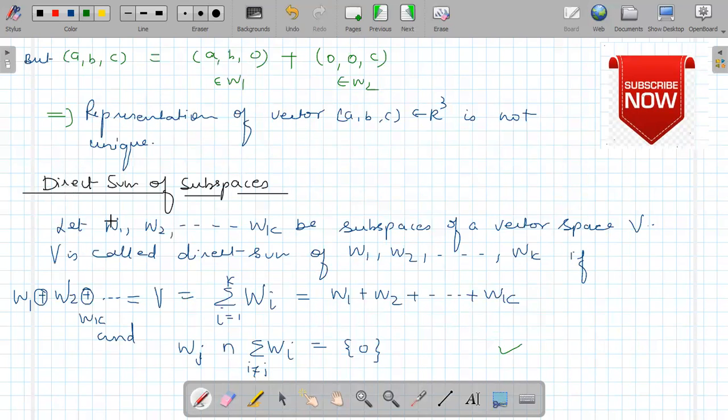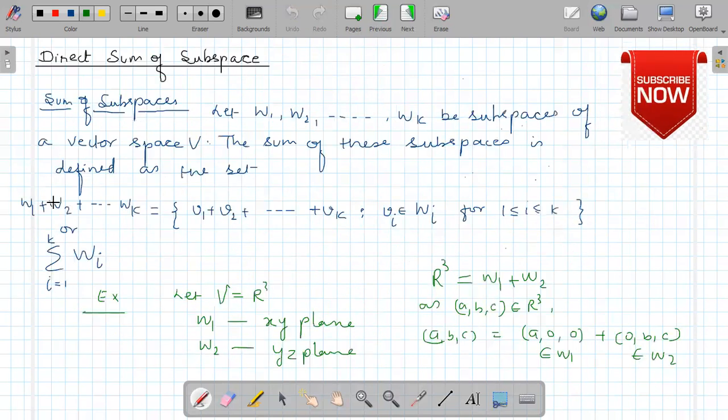So this is called direct sum of subspaces, and the previous one was called sum of subspaces. So I hope you understand these two concepts.